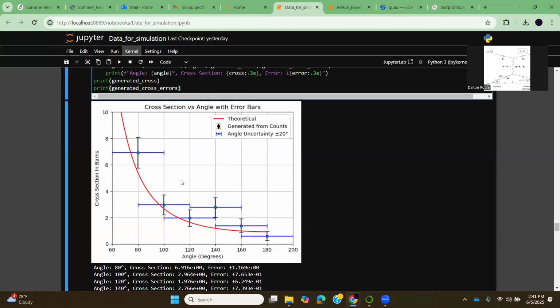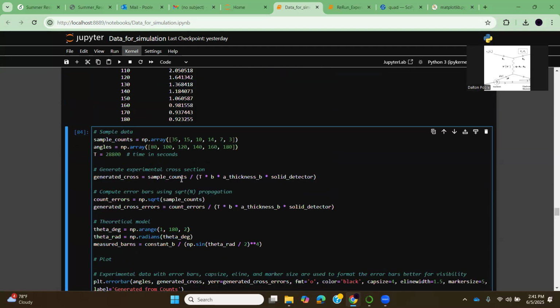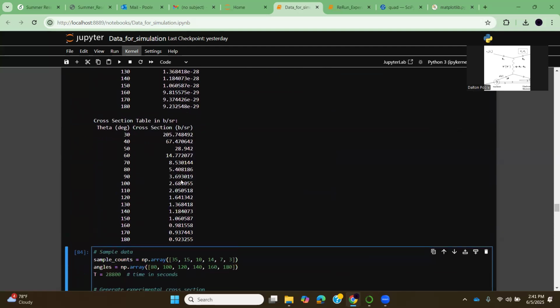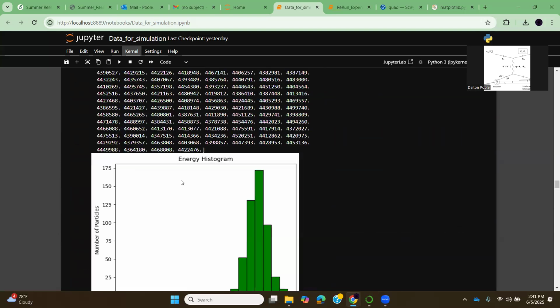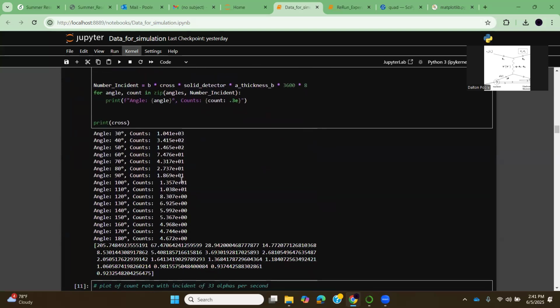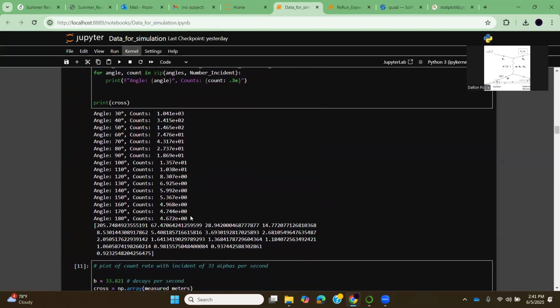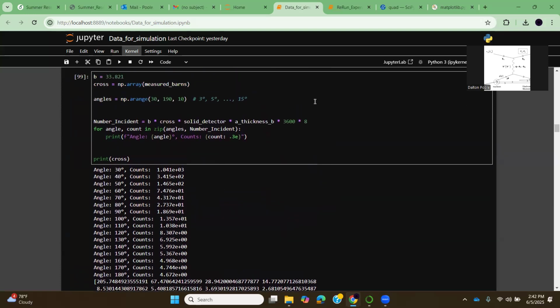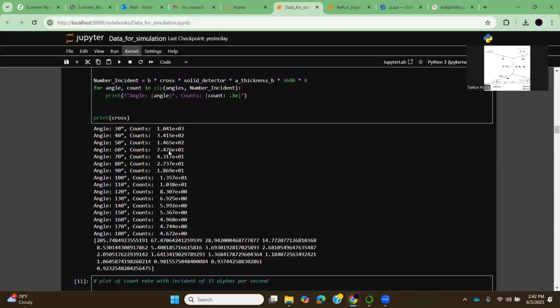The only problem with doing that is that if you come back and look at our count rates, the count rates that we had produced steeply drop off as you get to angles like 80 degrees. We're talking like 27 counts over 8 hours. That's what this calculation is.